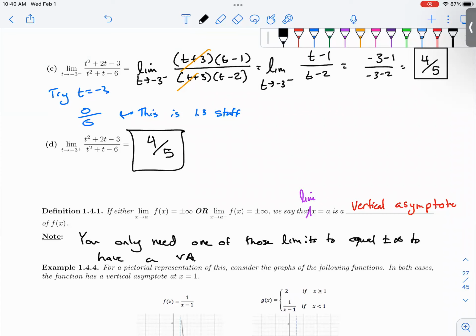Yeah. So like we're talking cream or sugar, not super salad. So what I mean by that is, if you have the limit as x approaches a from the right-hand side equals a number, but the left-hand side equals infinity, you still have a vertical asymptote there. Does that make sense?